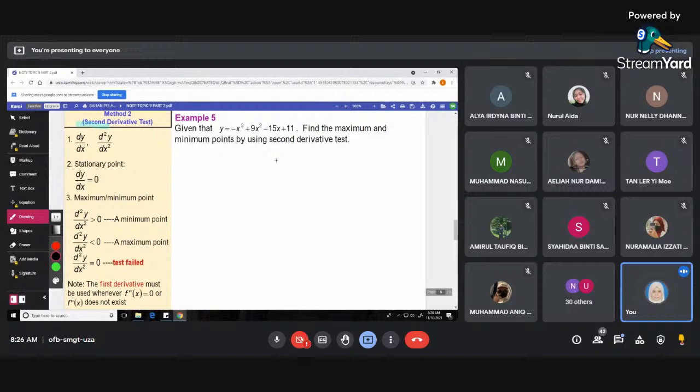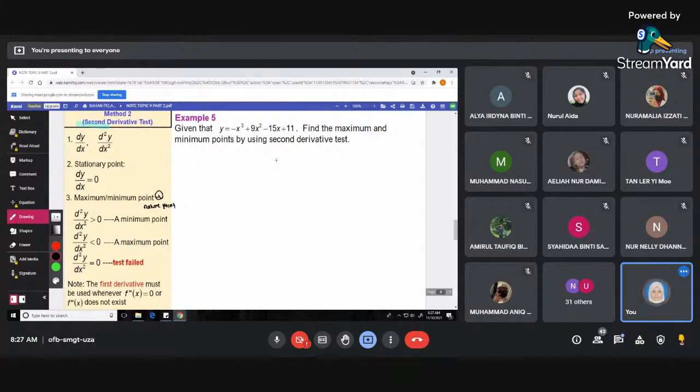And then, okay, you need to find maximum or minimum. Or sometimes the question asks you nature point, whether it is maximum or minimum. Okay, because this is by using second method, a little bit different. You need to substitute the stationary point in second derivative. If your value is greater than 0, therefore the stationary point is a minimum point.